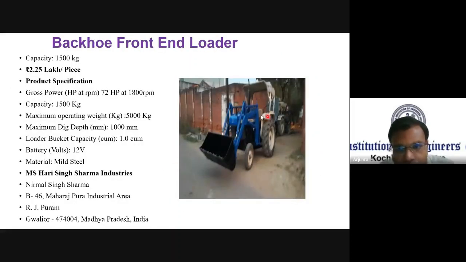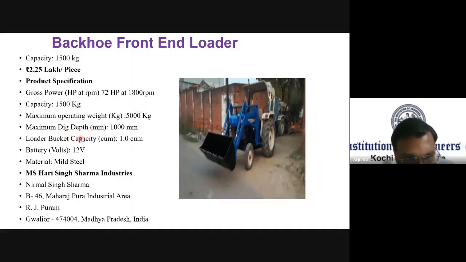This is a backhoe front end loader. You can see the vehicle. Capacity is going to be 15,500 kilogram, and the cost is 2.25 lakh per piece. The gross power of this product is 72 horsepower at 1800 RPM, and the maximum operating weight is going to be 5,000 kilogram.